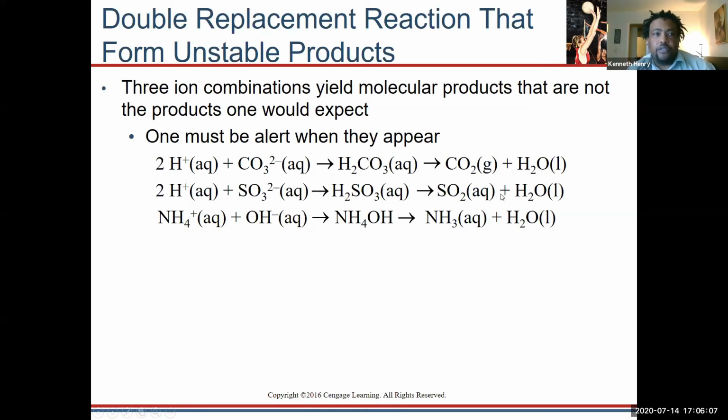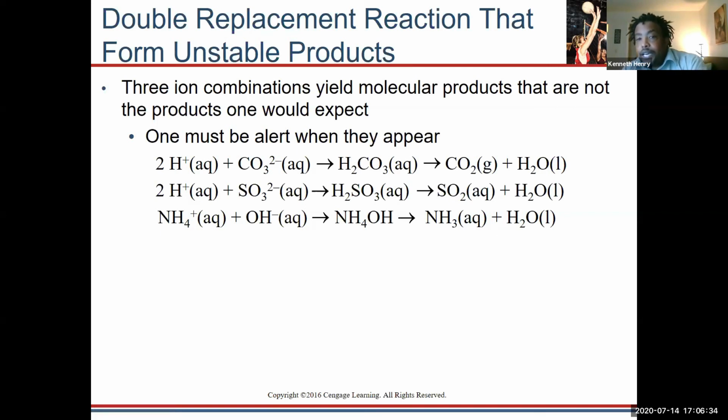So they're going to be unstable products. You guys get that? If these are your 2 ionic compounds left over, then you know it's going to break down to carbon dioxide and water, sulfur dioxide and water, and ammonia and water. And that's just for these.